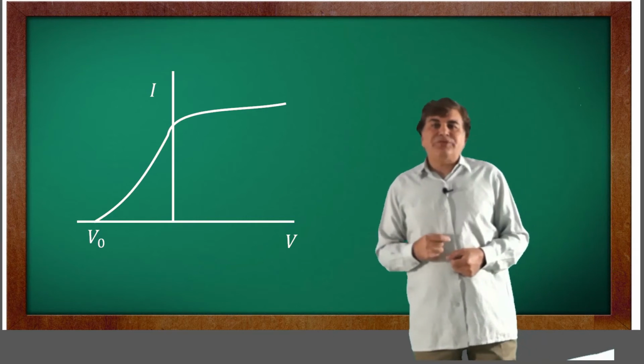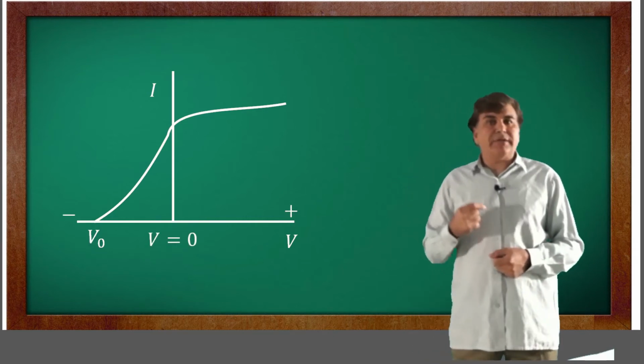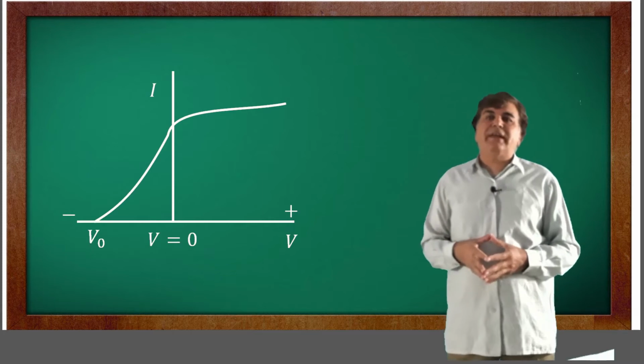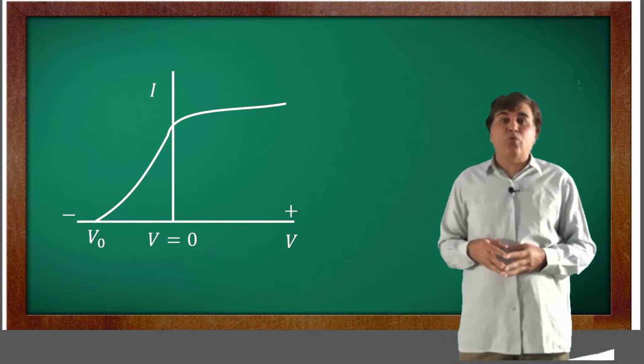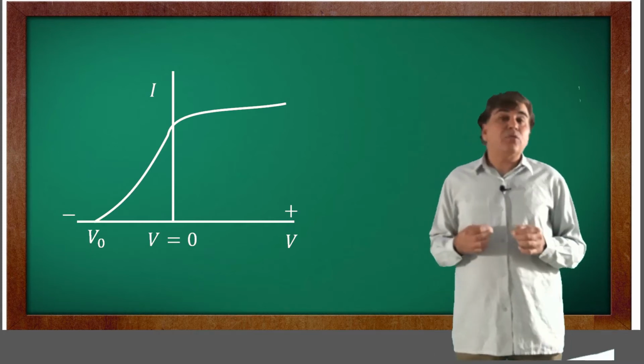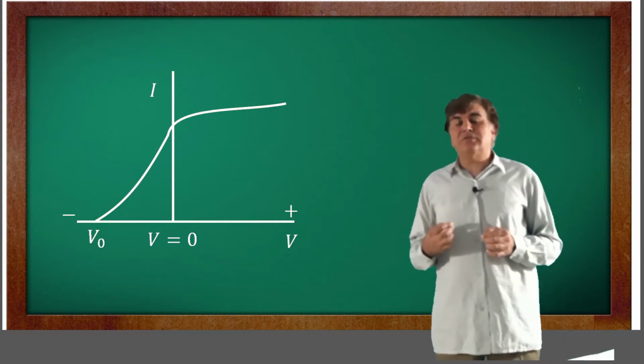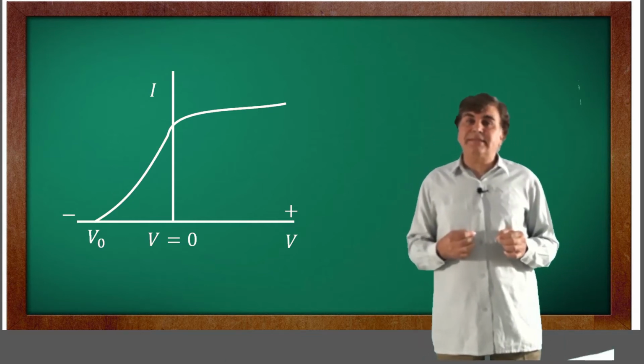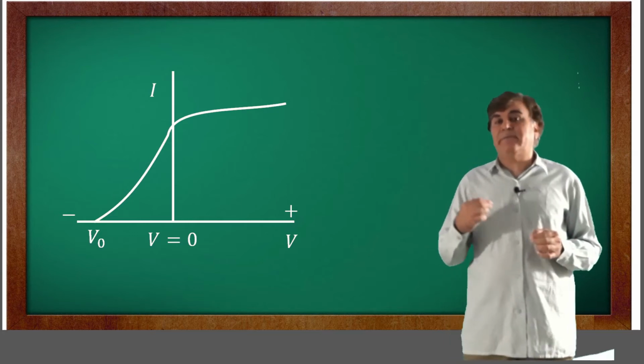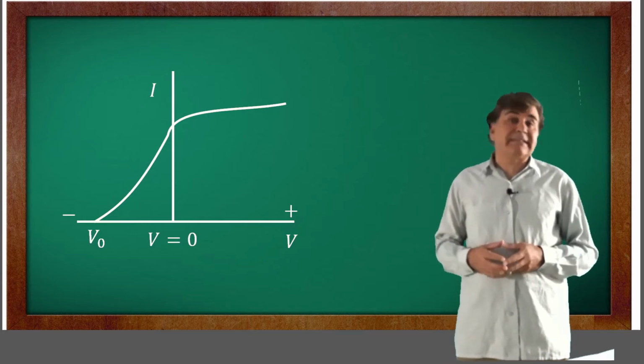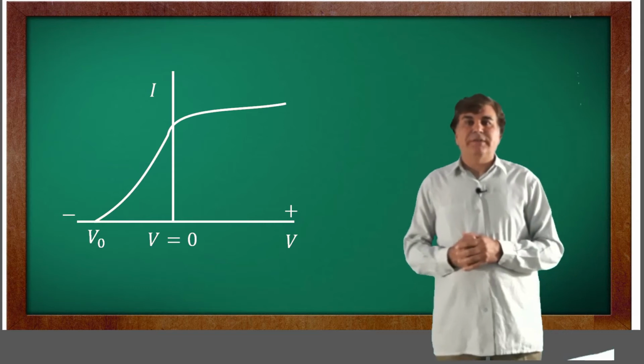This qualitative shape of the curve is in fact characteristic of the photoelectric current and applied voltage. However, quantitatively different curves are obtained for different intensities, provided the frequency of the incident light is kept constant.